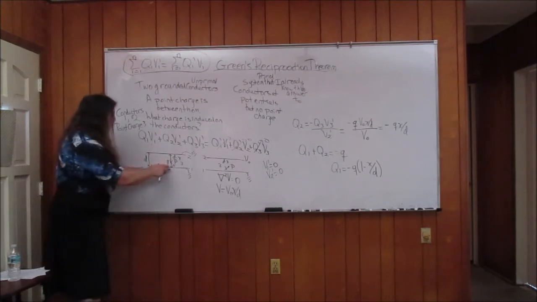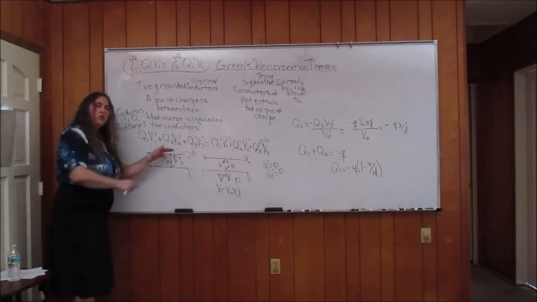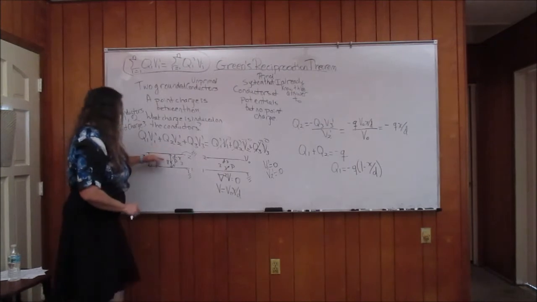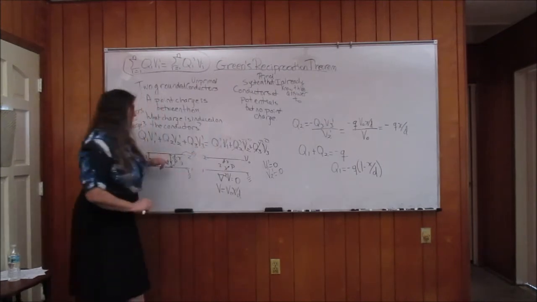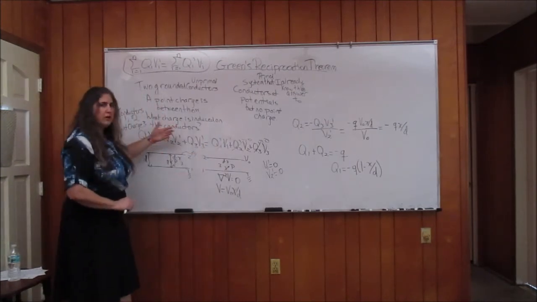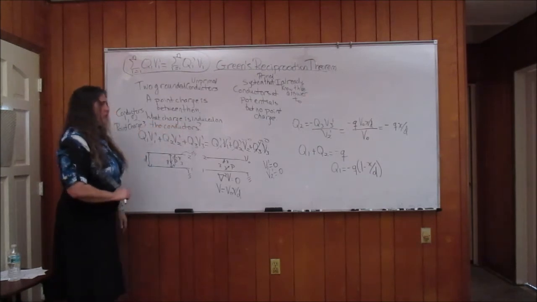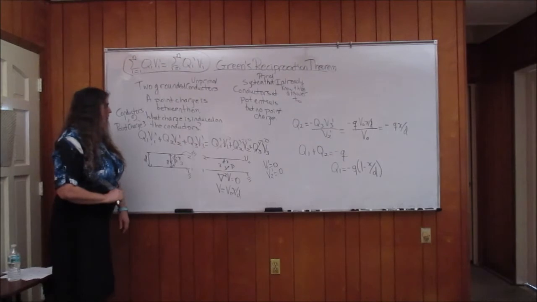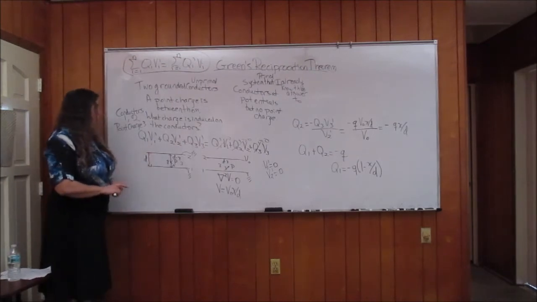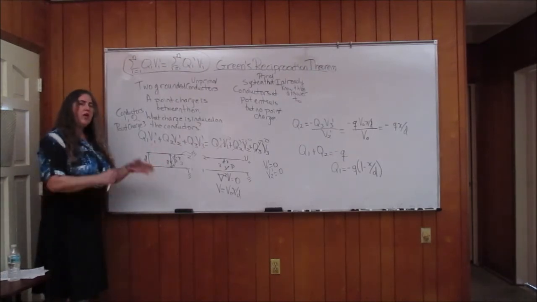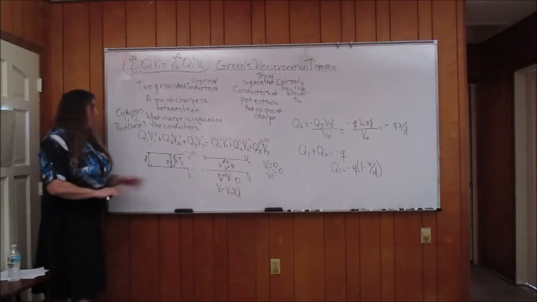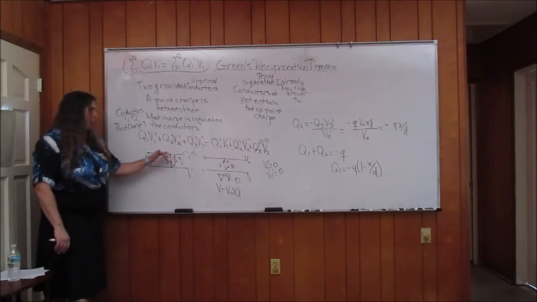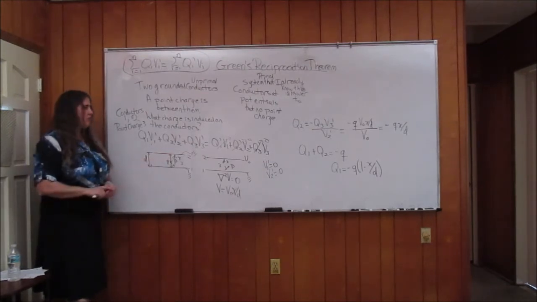Now, if you imagine that the charge moves closer to the upper plate, well, then the charge on the upper plate is going to go to minus q, and the charge on the lower plate that's induced will go to 0. Okay? So that's the solution to a problem where you've got a point charge that's between two grounded conducting plates, and you want to figure out what charge is induced on both of those plates.